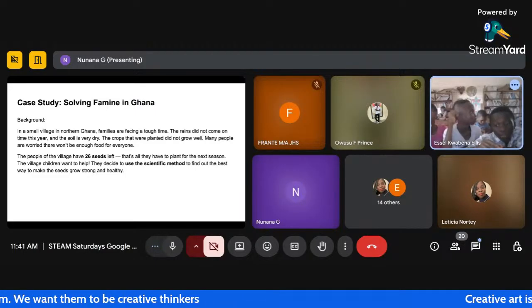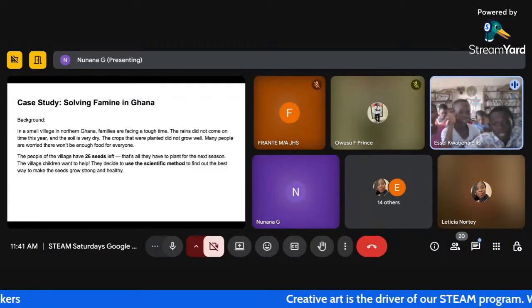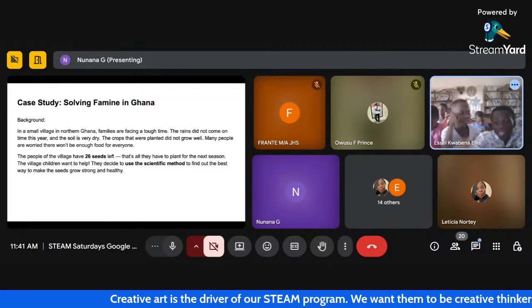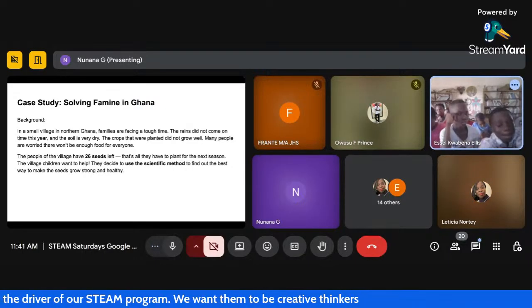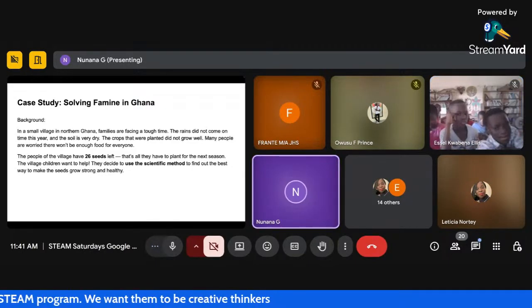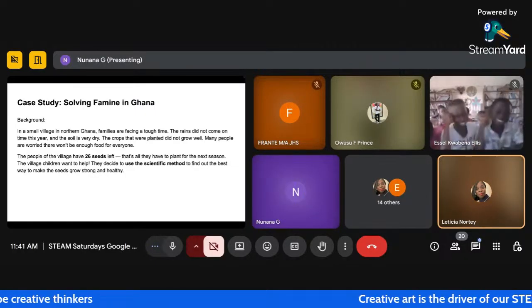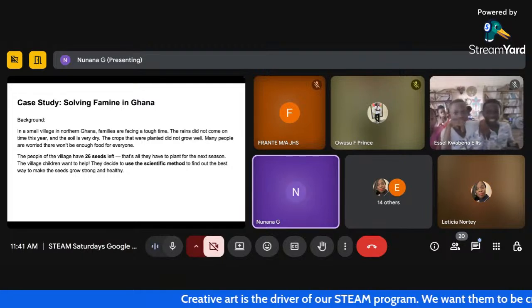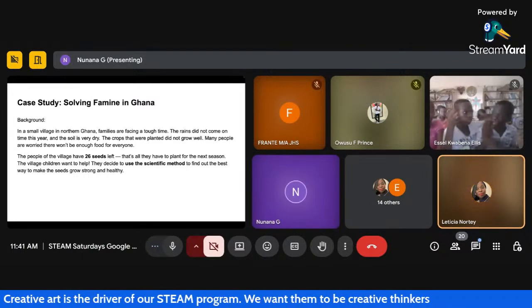Because nobody does galamsey inside the house, the chemicals are not going to affect the plants. Perfect. Okay. So what would be your hypothesis? What would be your question?